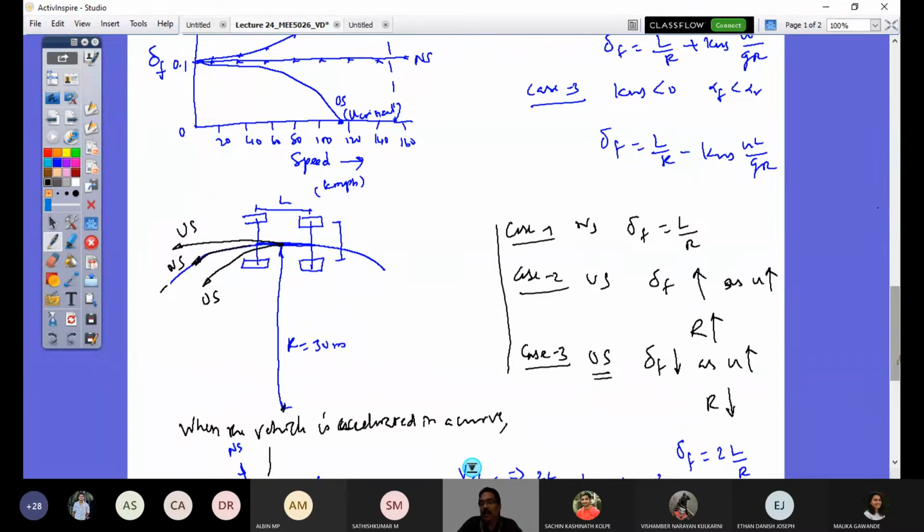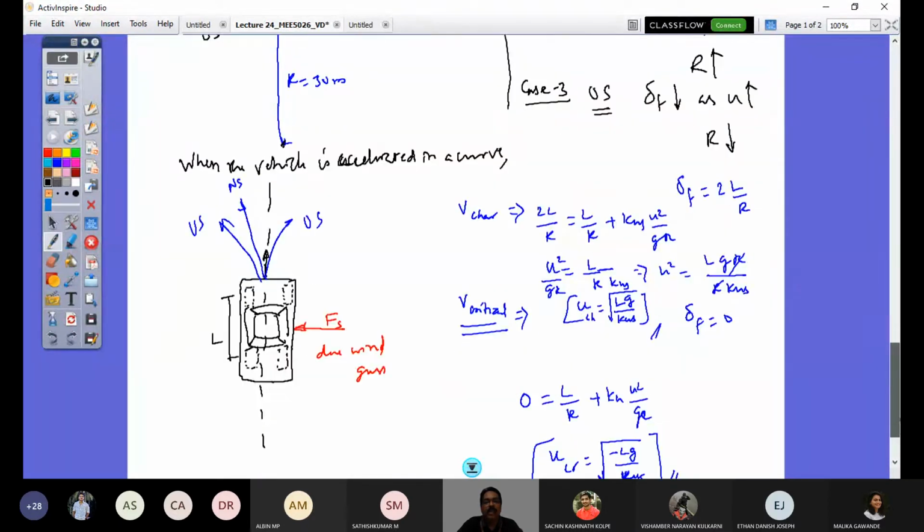We also looked at a vehicle going in a straight line with a side force acting on it. If the understeer gradient value is positive, that is an understeer vehicle, it will go away from the disturbing force, as shown in this figure.